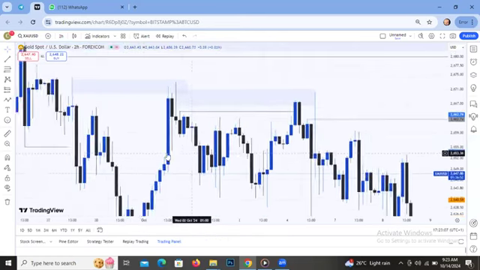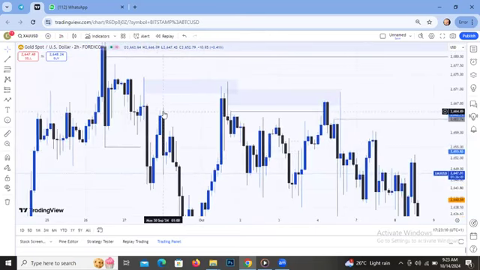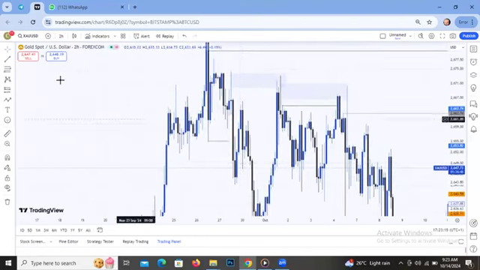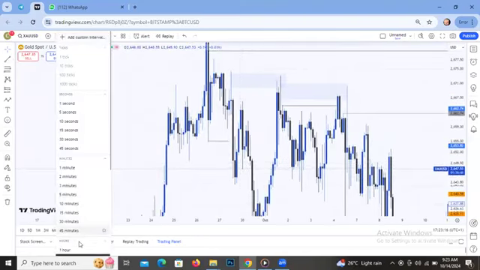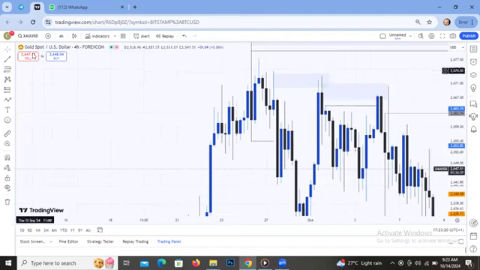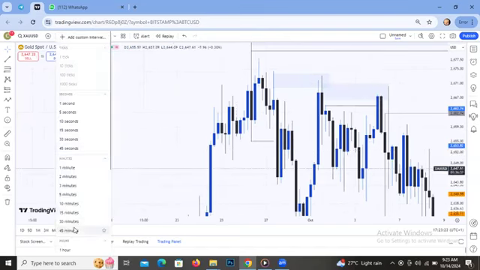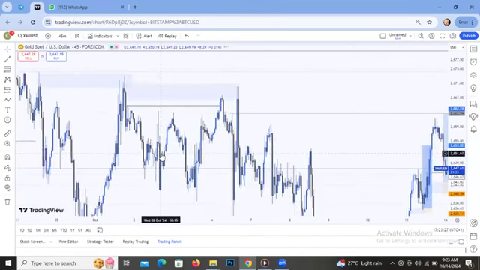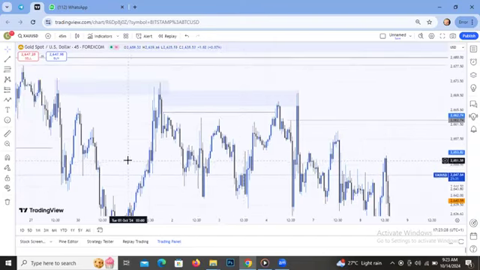But you can see that after the break, the market gave a return back into the zone. Then after returning back into the zone, it created liquidity for that order block upper to be valid. I don't know if you guys can actually see them.